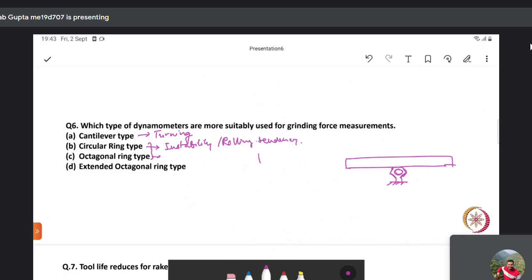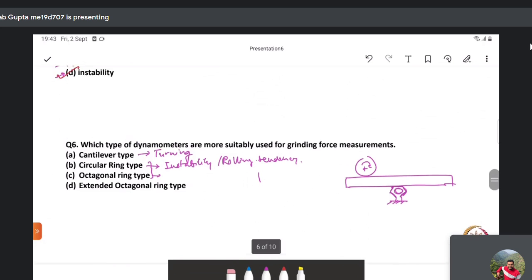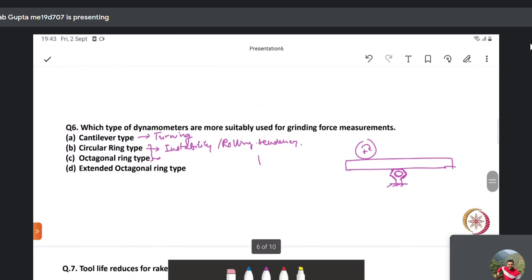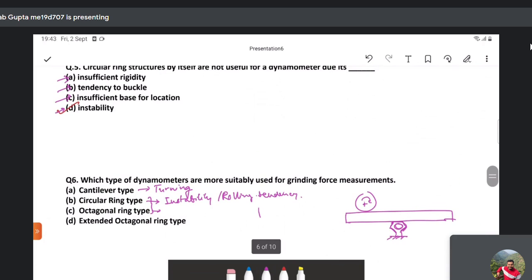Under the action of these grinding loads, this won't be able to record the forces, or rather the strains, properly, and it may also get dislodged from its position. Due to insufficient rigidity and an insufficient base for location, it may not be able to measure the forces properly.